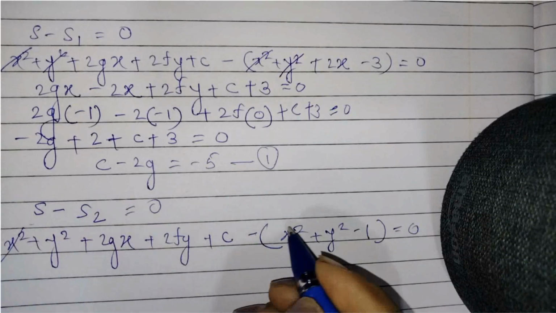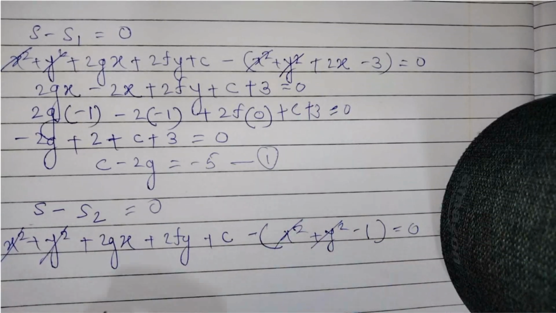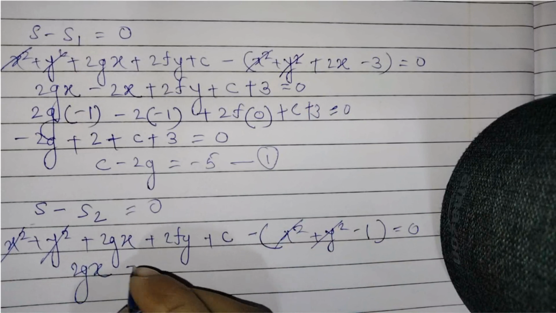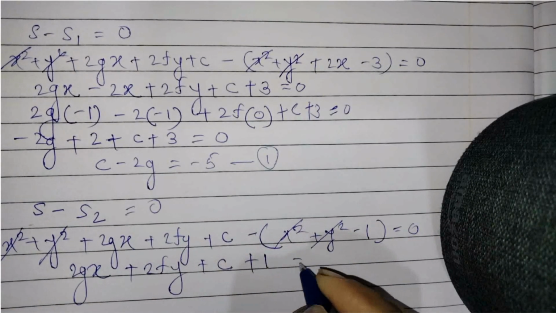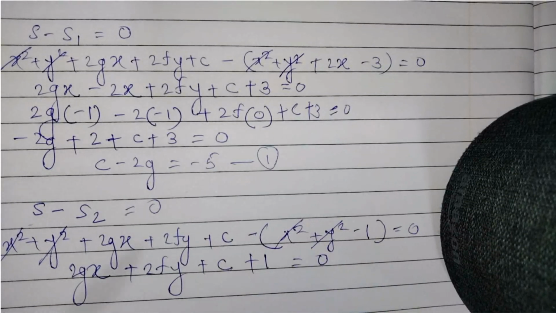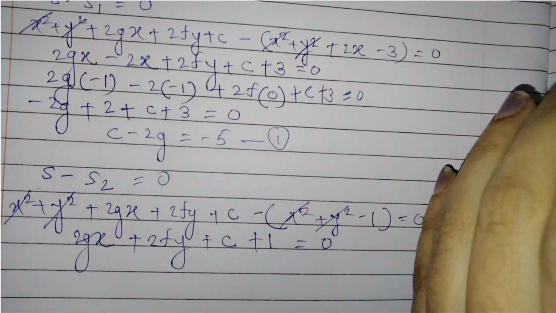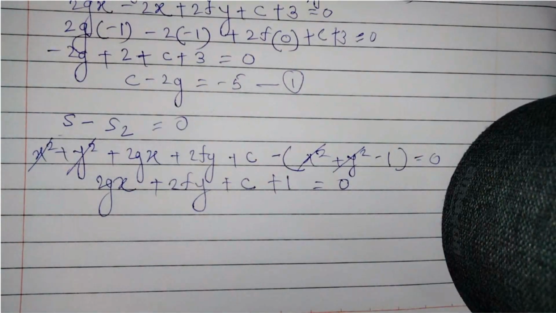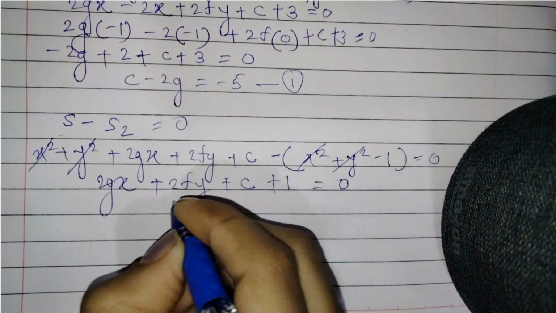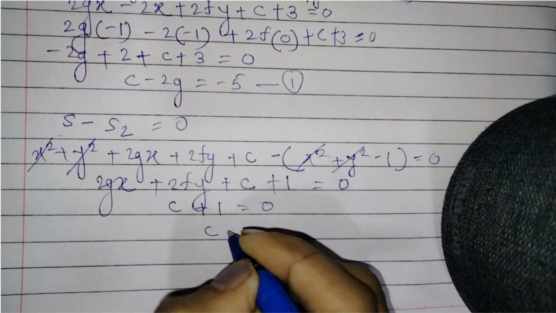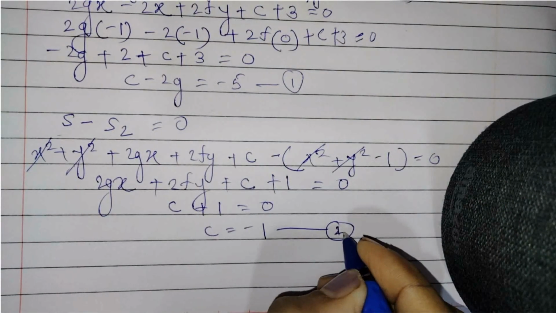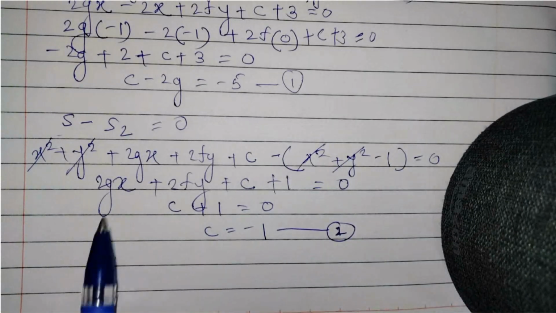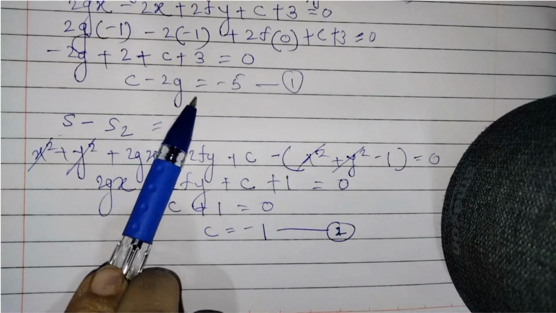X square and x square will get cancelled, y square and y square will get cancelled. 2gx plus 2fy plus c plus 1 is equal to 0. Now we can substitute the coordinates of C2 in this equation. C2 is 0, 0, so this will be c plus 1 is equal to 0. C is equal to minus 1. This is our second information.